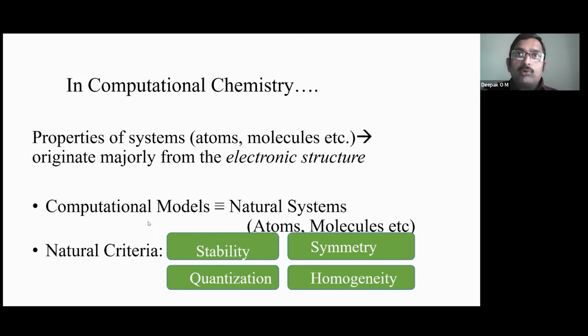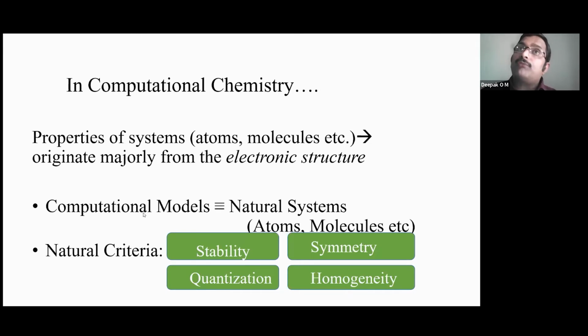In a normal wet laboratory, you can have a methane molecule in your hand, in a real sense, and then subject that molecule to very many experimental techniques and try to extract properties of those systems. That's what we do in pure experimentation. Now in computational chemistry, how do you analyze the property of, let me say, methane itself?